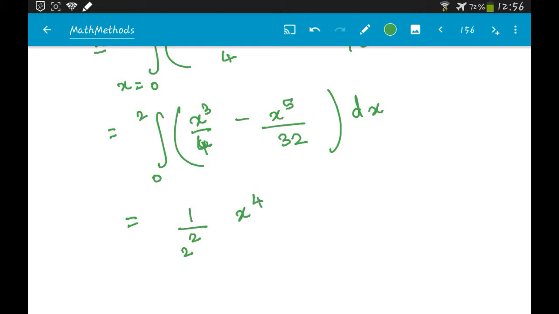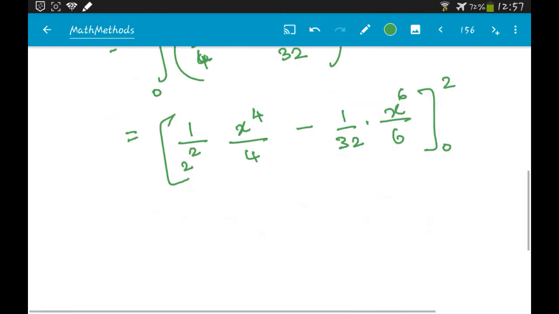So now let's do the integral. Integration of x cube will be x power 4 by 4 minus 1 by 32. Integration of x power 5 would be x power 6 by 6. This goes from 0 to 2.